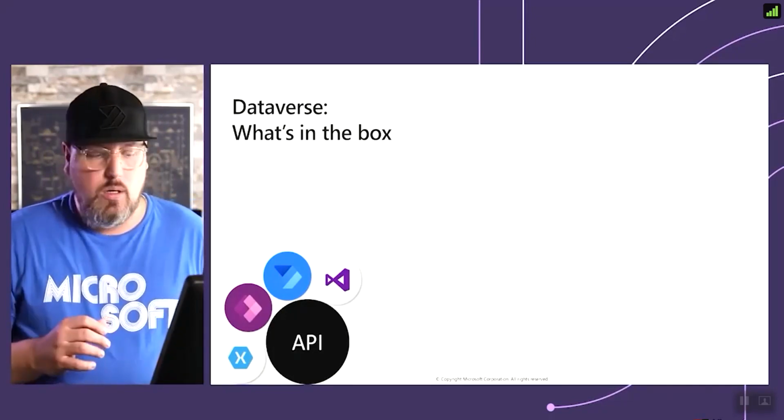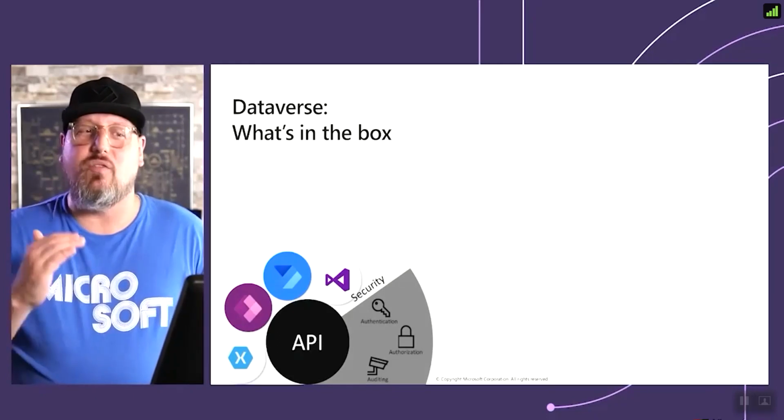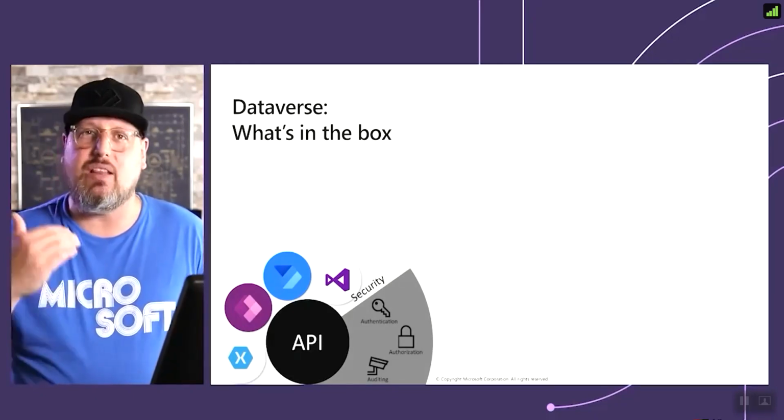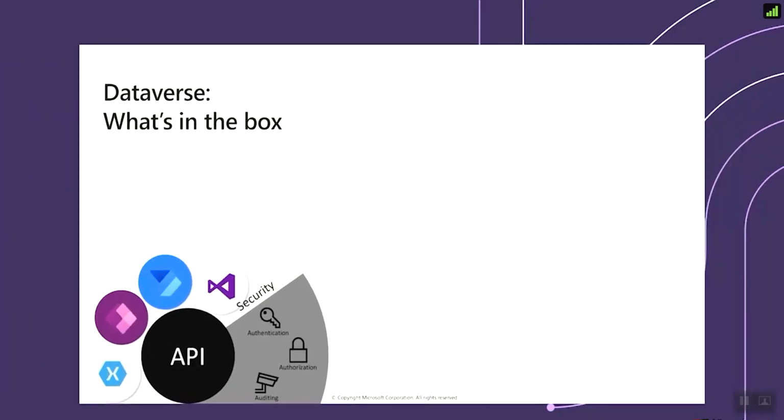So when we look at every layer of the Dataverse, we have security at the core. That will always be there regardless if you connect to it with a Power App or Flow or a Xamarin app or through a portal. We have authentication that uses Azure Active Directory, authorization with role-based access control, and auditing, so you can activate auditing on changes that happen to records stored in your Dataverse and keep track of everything that happened.